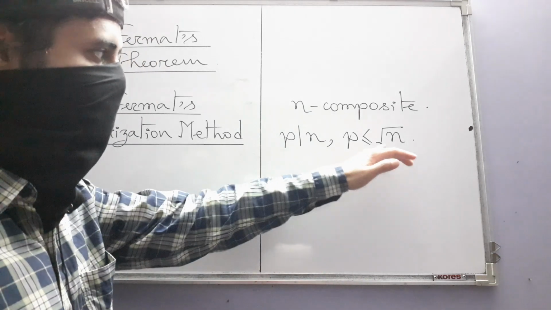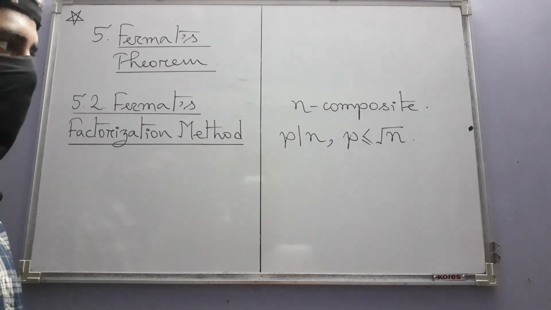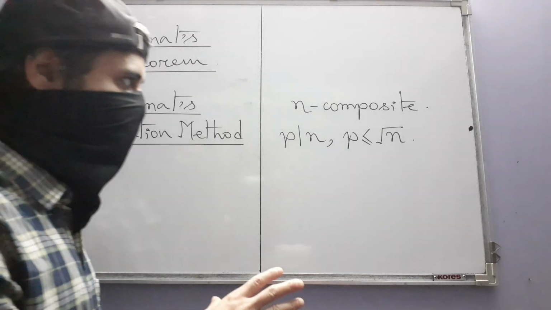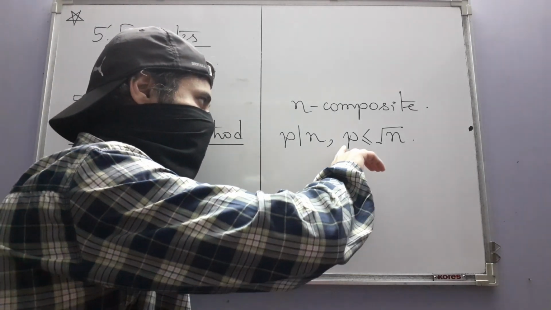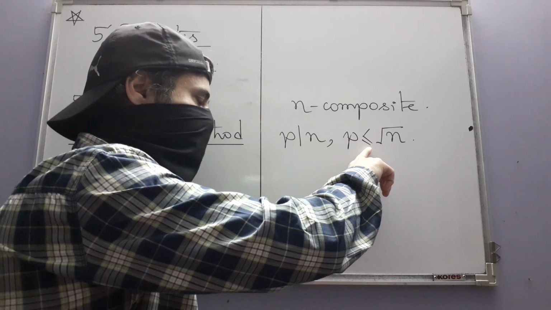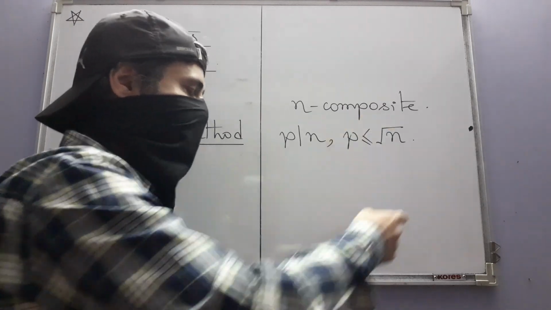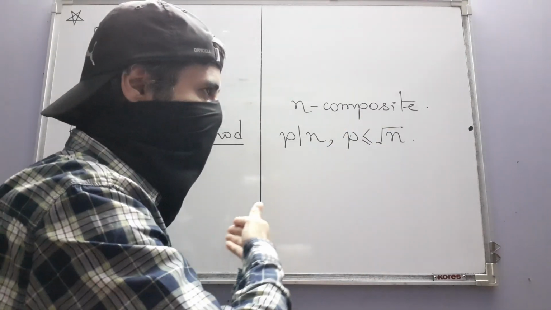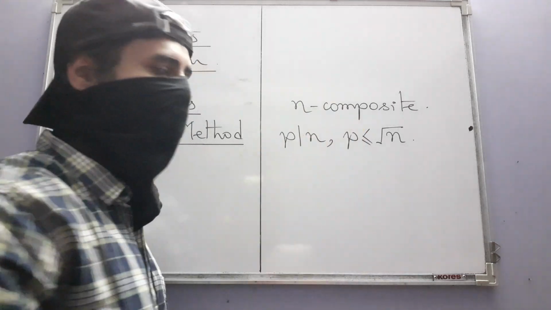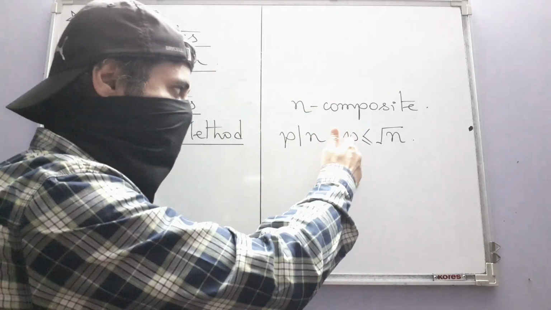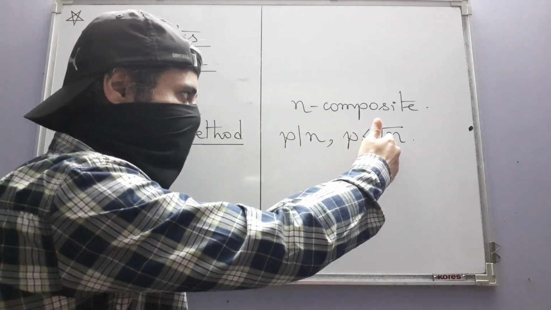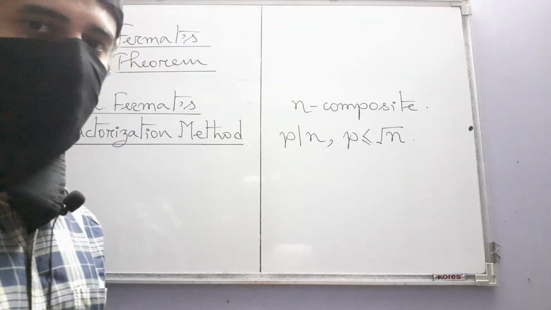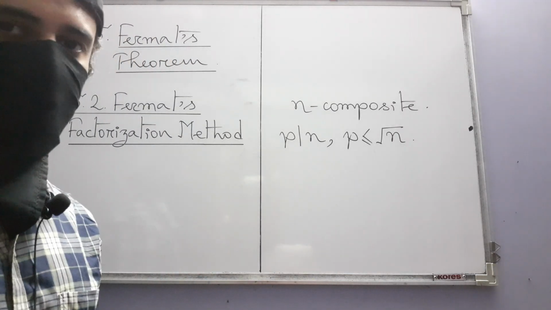So, if n is composite, then you get a prime factor of n which satisfies this inequality. That means you do not have to go all the way to n in search of a prime factor. You just have to look at the prime factors that do not exceed square root of n. So that gives us a little advantage.